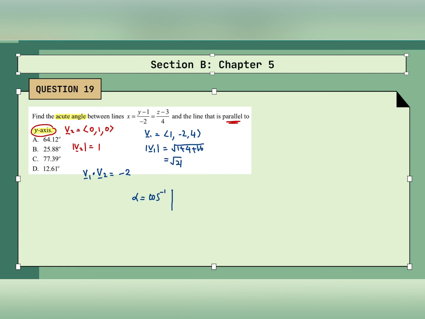Dalam ini kamu gunakan modulus lah, negative 2 over square root 21. Bila saya kata modulus, that means walaupun dia negatif, kamu masukkan dalam kalkulator nanti, kamu terus gunakan dia sebagai 2 over square root 21.